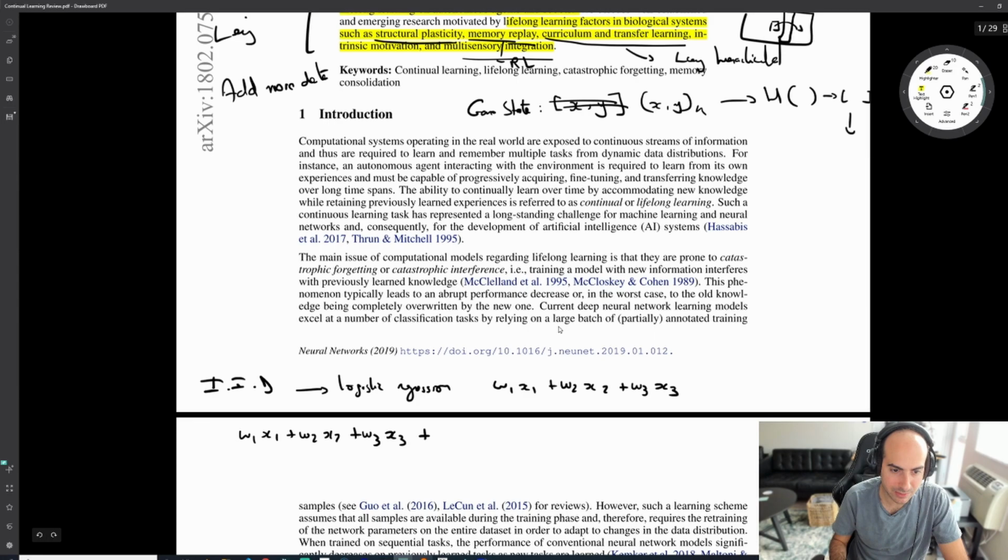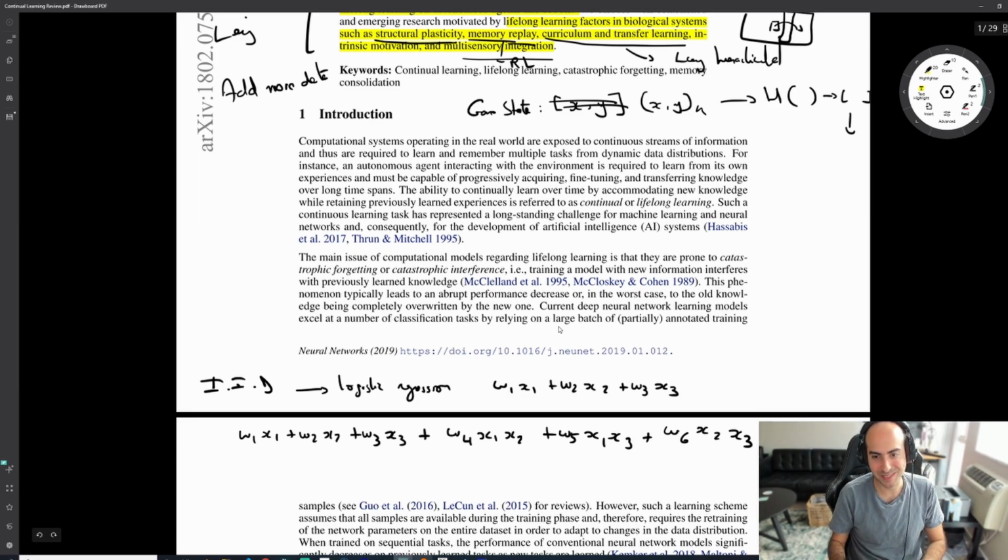But you're also going to have W4 X1 X2 plus W5 X1 X3 plus W6 X2 X3, right? So this is logistic regression without the IID assumption. So this is if the features have codependencies.